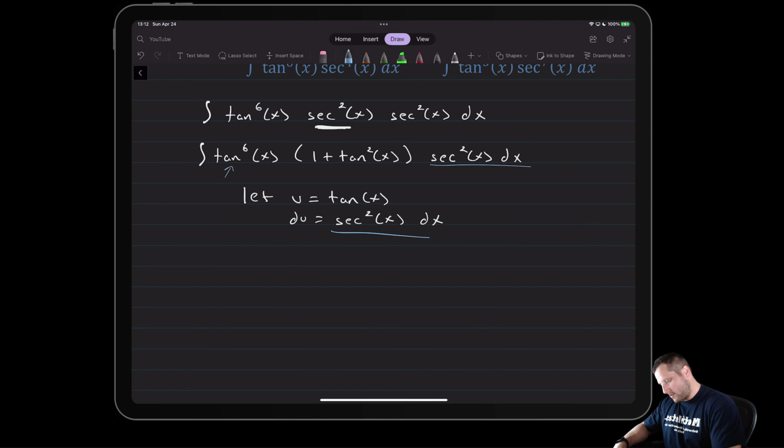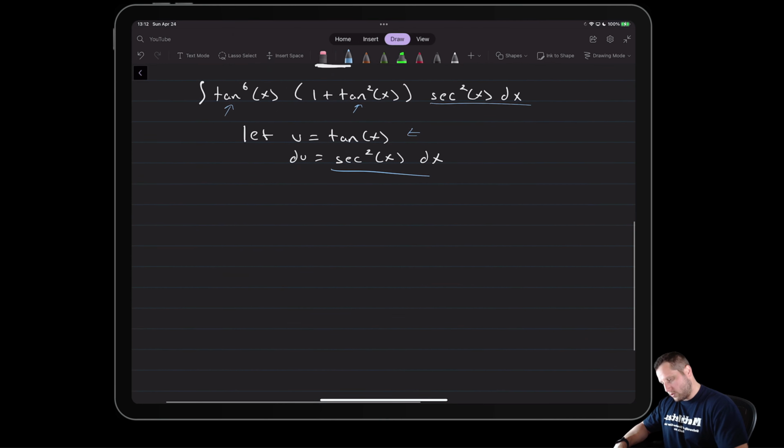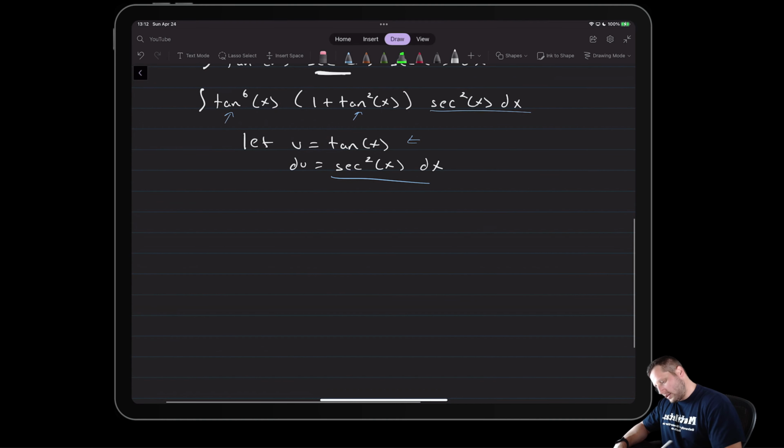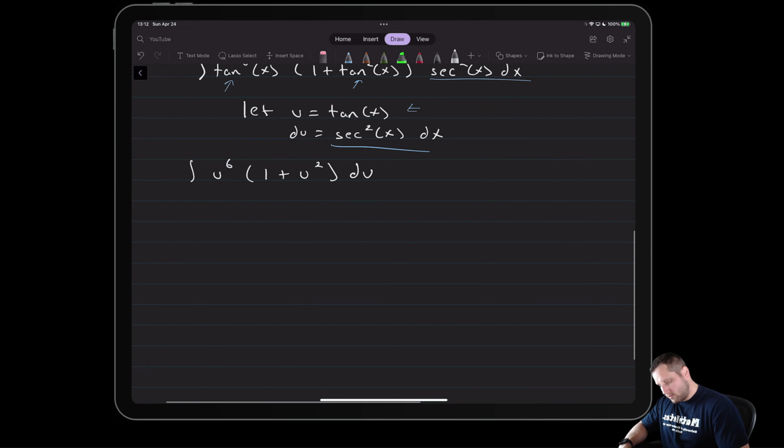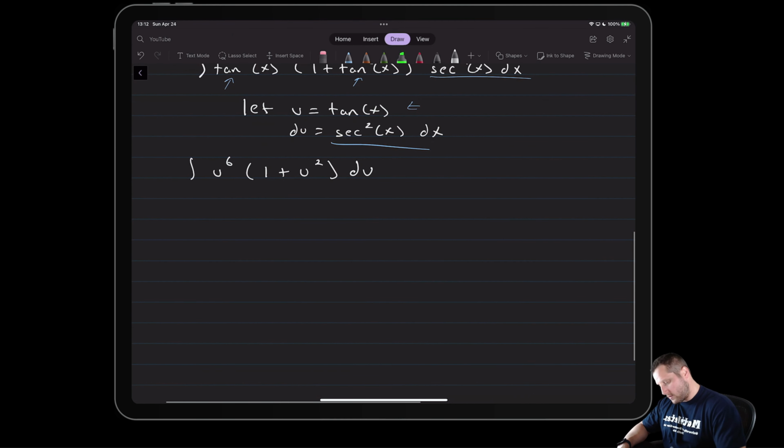And then we have factors of tangent in here, which we can replace with u. So then we rewrite this as the integral of u to the 6th times 1 plus u squared du, and then we just perform this integral. Well, first let's go ahead and distribute this through. So we have u to the 6th plus u to the 8th du.